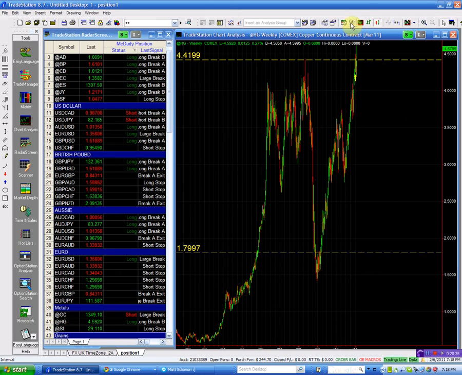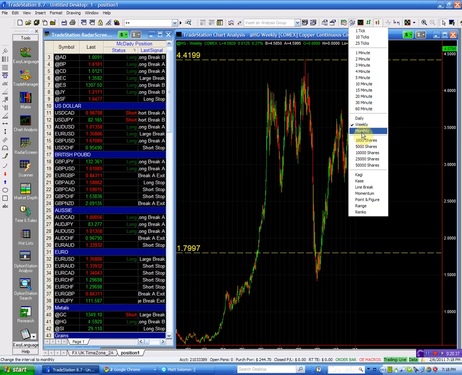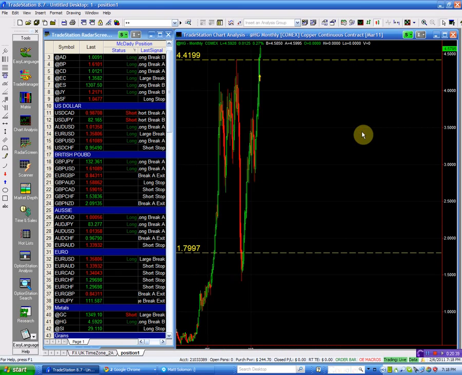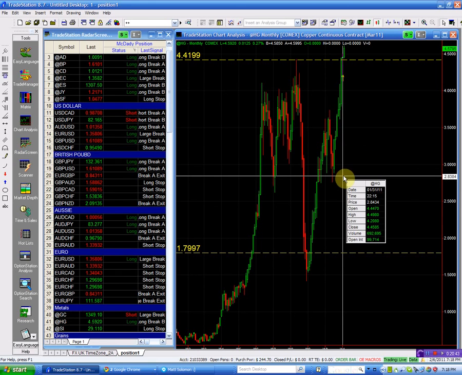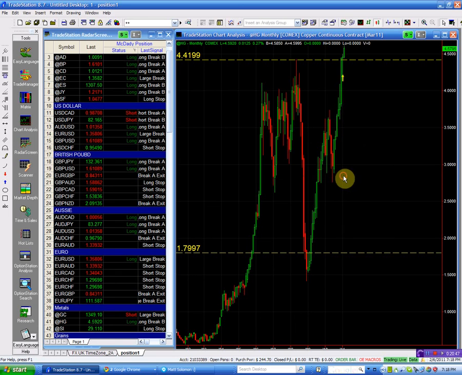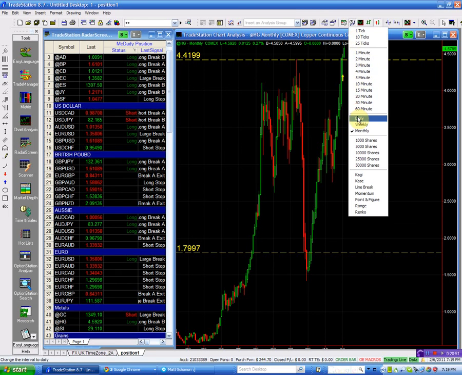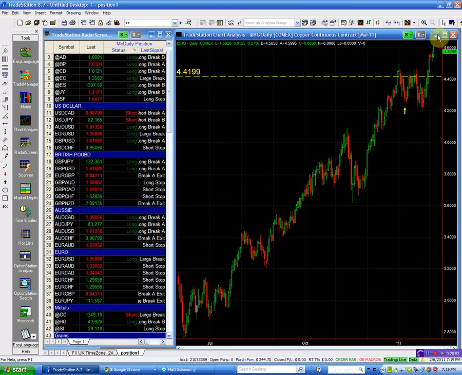If I put up even a monthly chart, this is the most expensive copper has been in the last 25 years of data that I have on the screen. That would indicate it's by no means a trend change, but that is a minor sell signal, which would indicate probably that might lead to some easiness in the Australian.